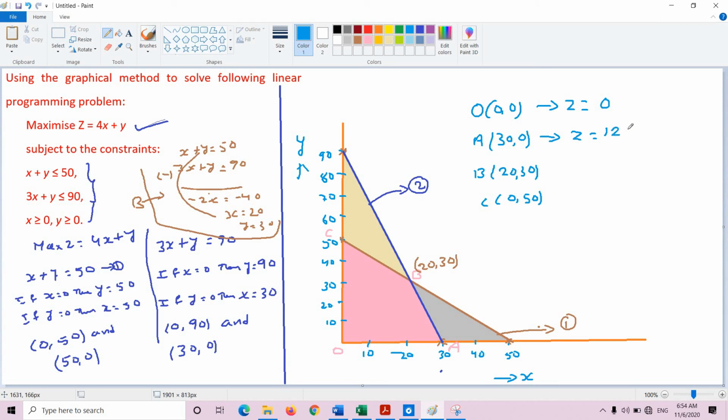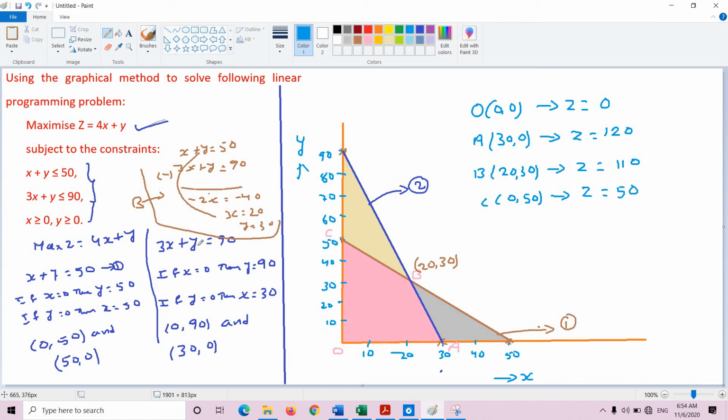I am getting 120 here. Next z value: 4 into 20 is 80, 80 plus 30 is 110. I am getting 110 here. Now at x equal to 0 and y equal to 50, z equal to 50.